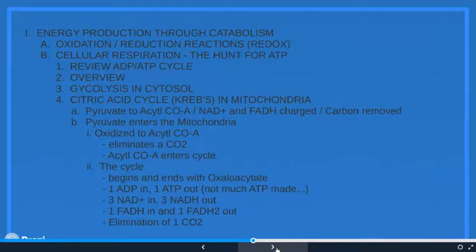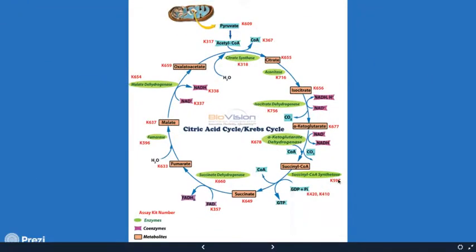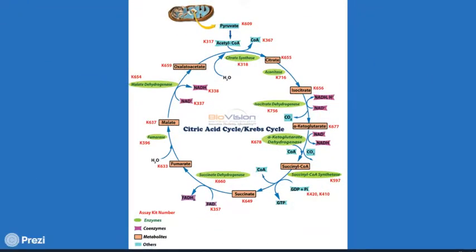Now, when we have that acetyl-CoA produced, the cycle is going to start and stop with the oxaloacetate. Let's take a look at the cycle. It is all of this broken down by Mr. Krebs, and just like glycolysis, every step in the process is known.